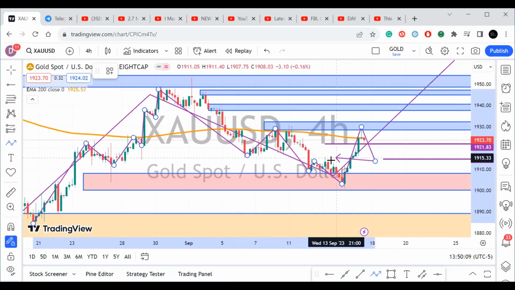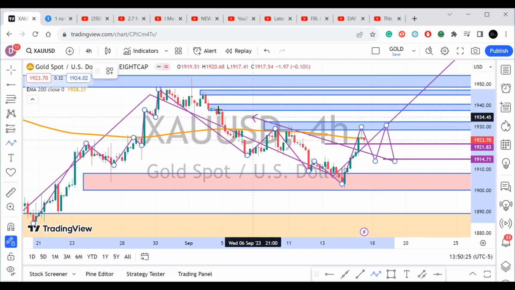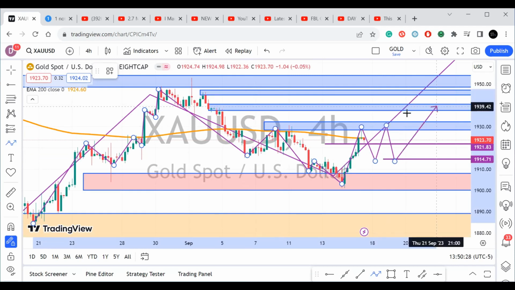So I want to see price action around this area. Then from here, I want to see how price reacts off this area again. So I'll be watching these zones, maybe come back again before coming into this high. So this is what I'm looking at.